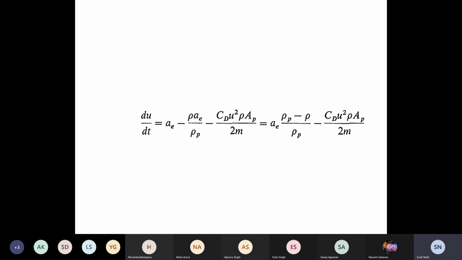And for the motion in a centrifugal field, you will have R omega squared instead of A subscript E. And in that equation, U is not the velocity downwards, but it is the relative velocity of the particle to the fluid directed outwardly along a radial direction. Okay, that's what the R omega squared in the equation stands for on the right hand side.